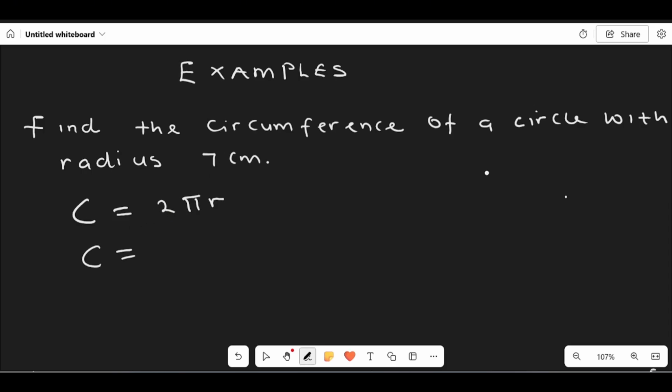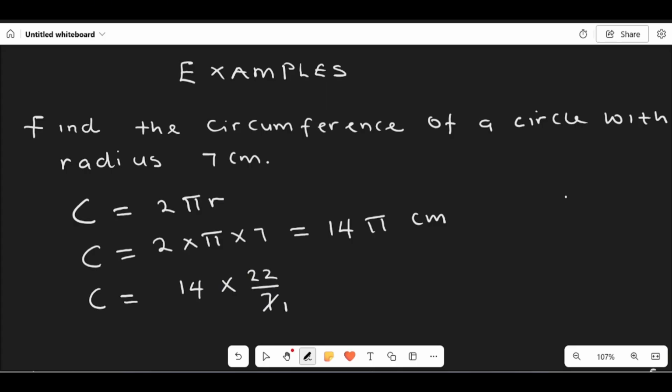C equal to 2 multiplied by pi multiplied by 7 is going to give us 14 pi centimeter. And if we take our pi to be 22 over 7, so C equal to 14 multiplied by 22 over 7. The 7s cancel. Our answer is going to be 44 centimeter.